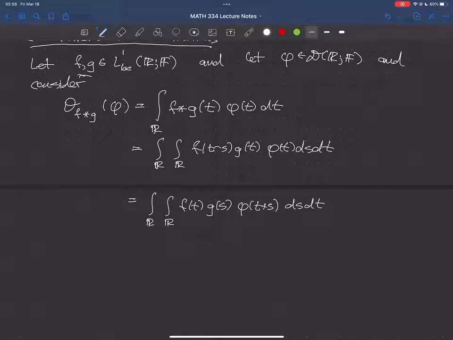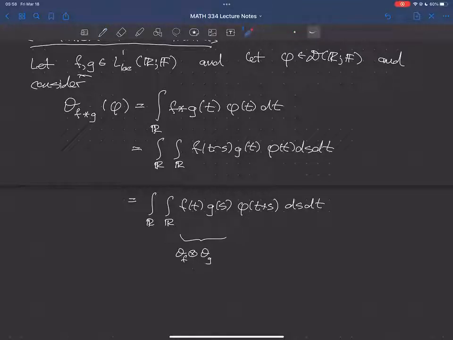Now, why did I do that? I did that because this thing here is really representative of theta f tensor theta g.